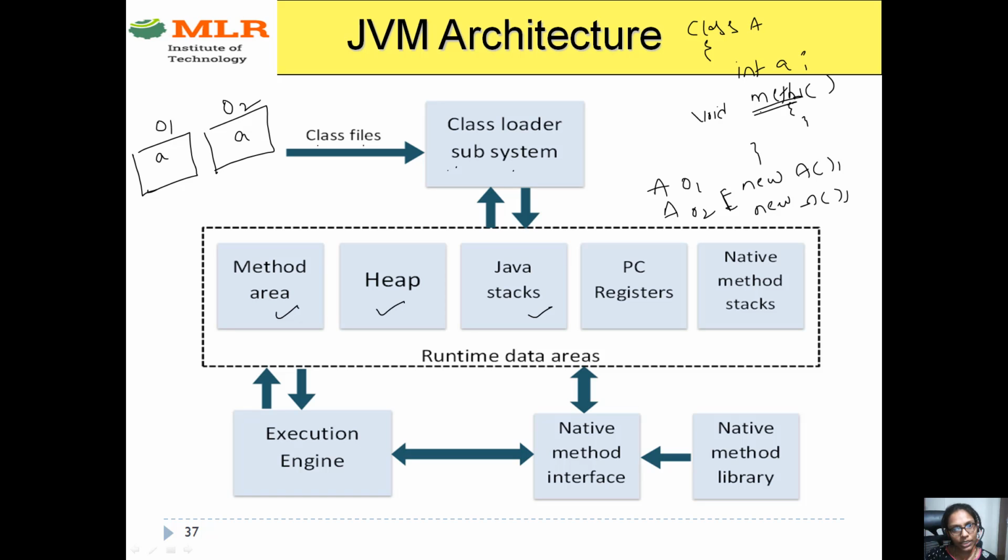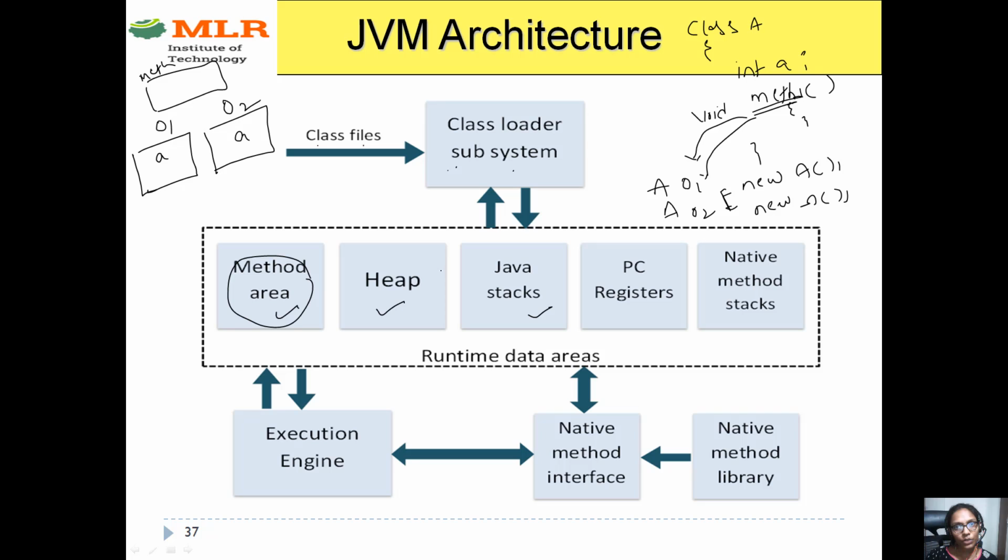Whereas the method is common to these two objects, so this method will be stored in the method area. If your class contains any methods, irrespective of the number of objects, all those methods will be stored in the method area.